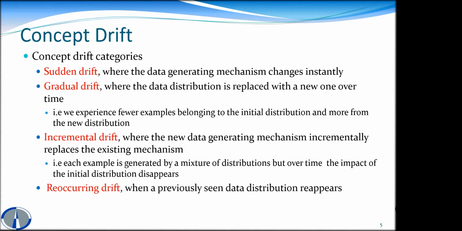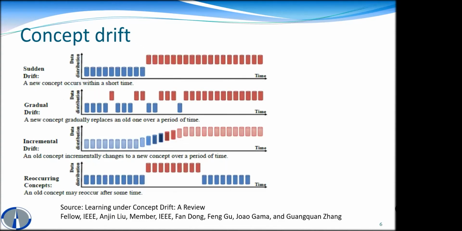Also, we have the reoccurring drift, when a previously seen data distribution reappears. Here we have an illustration. As you can see here, the data distribution changes instantly. Here we have points that belong to the red distribution and to the blue one, but over time the red one replaces the blue one.